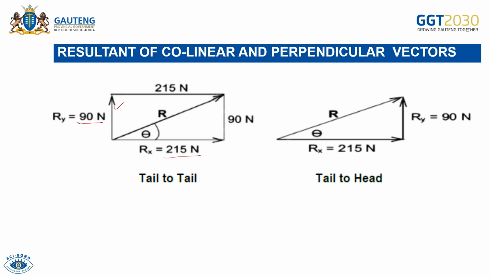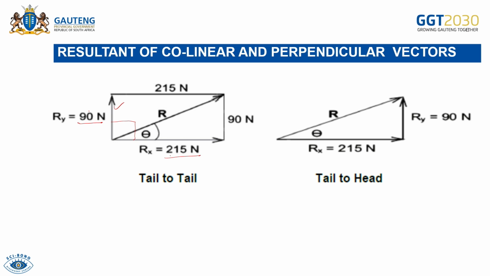So now, can you see we are only left with these two, Ry and Rx. Please don't get confused. Rx is the resultant for horizontal forces, and Ry is the resultant for vertical forces. Okay. Now you are left with your Ry and your Rx.